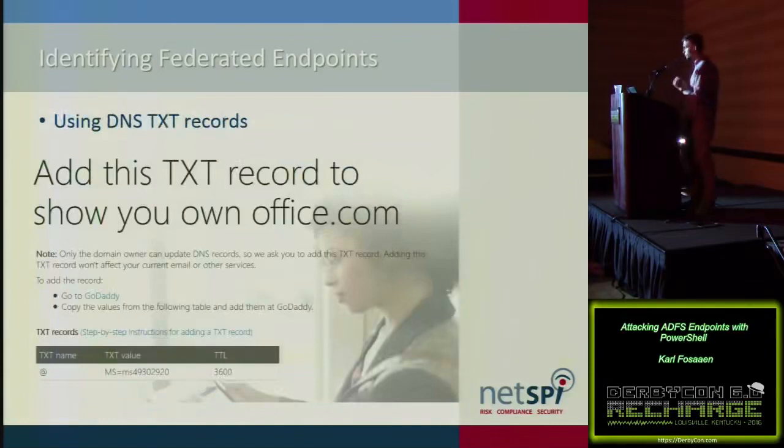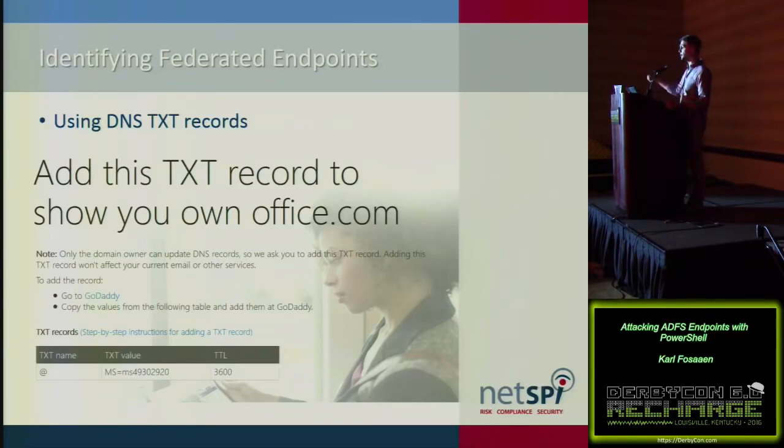So an alternative method to doing this, and I haven't quite found a benefit of this over the method I just showed, but it's kind of some neat information gathering that you can do. When you go to claim a domain within the Microsoft portal, you have to prove that you own that domain. So here I tried to prove that I owned office.com, and they prompted me to put something in my TXT record in my DNS. So it wants this ms equals ms49 whatever value.